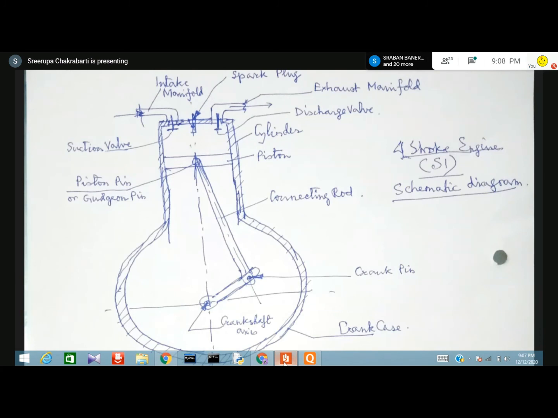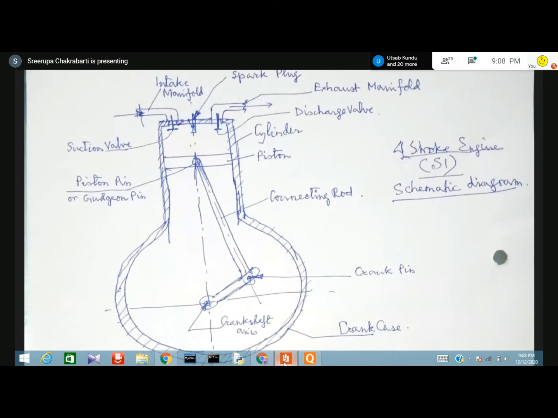When you compress a gas, its pressure and temperature both will increase. And because we are compressing it to a higher compression ratio, the temperature and pressure of the gas will increase to a very high value for a CI engine.